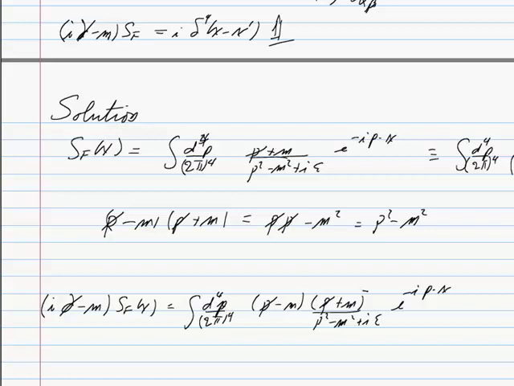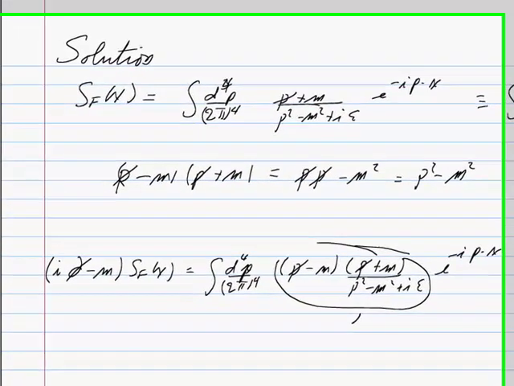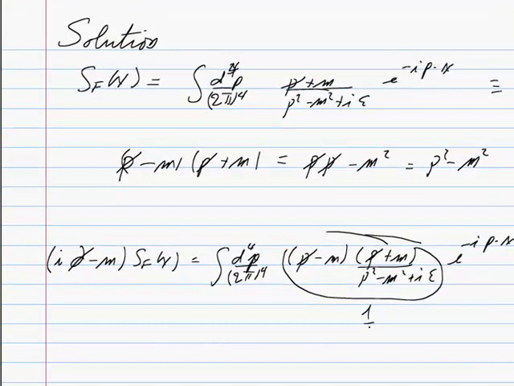Okay, by that identity that I just showed you, these just become 1. And this equals then delta 4 of x.